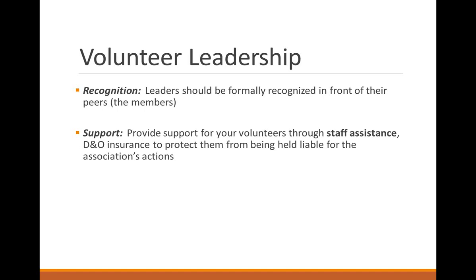I'm sure all good associations do this: email blasts, at the conference, etc. You want to provide good support for your volunteers, and one of the biggest ways we can do this is through staff assistance, helping with minutes, setting up calls, finding supporting materials and documentation for an issue. Also the D&O insurance to protect them from being held liable for the association's actions.